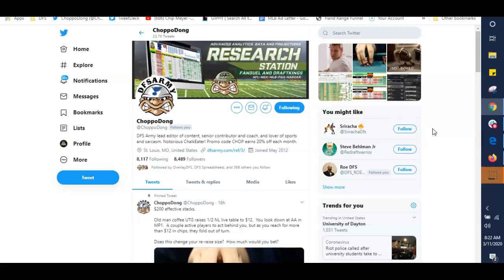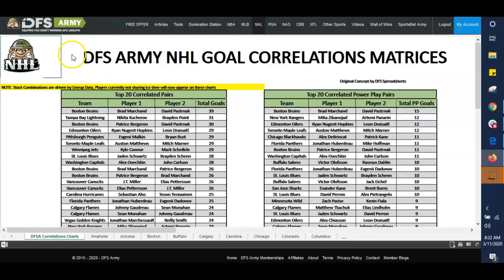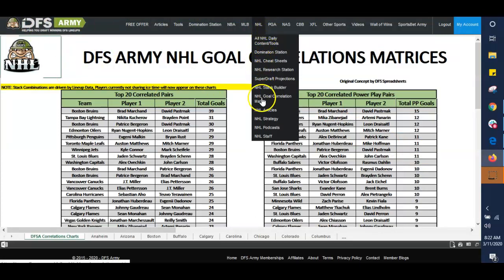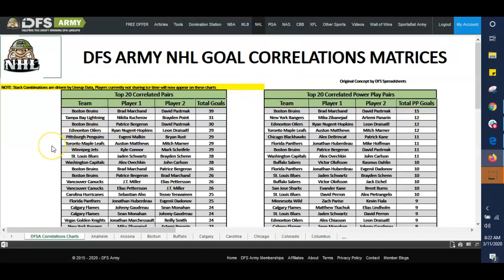So bear with me a little bit on the technical challenge that I've had lately. I've got Chrome messing with me a little bit, so I've got to open up Firefox to really show you the tool. But if you're at dfsarmy.com, you come under the NHL window, and it's down here under Goal Correlation Matrix. What we're looking at is the top 20 correlated pairs, top 20 correlated power plays.